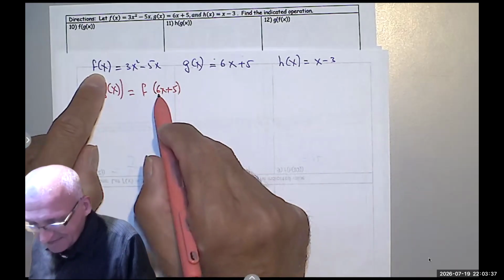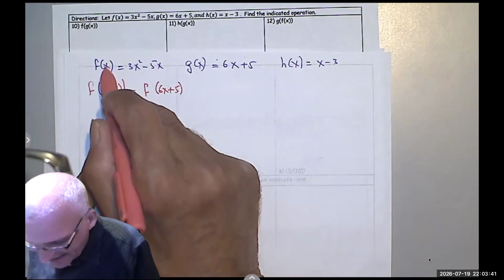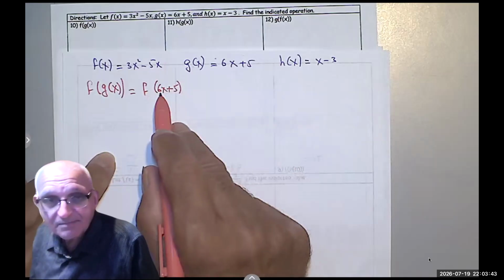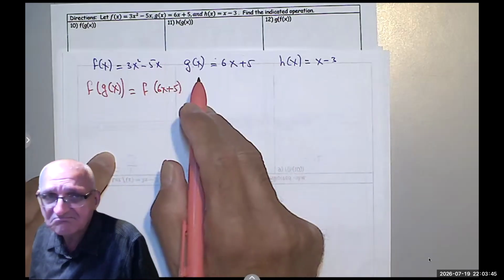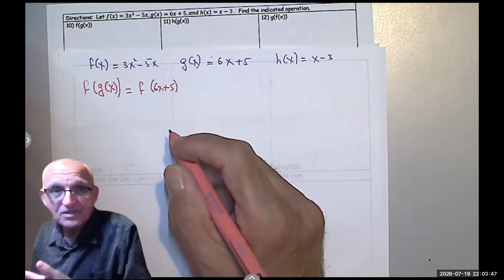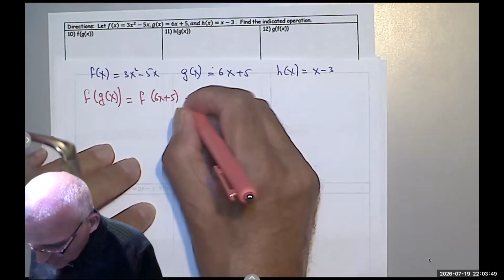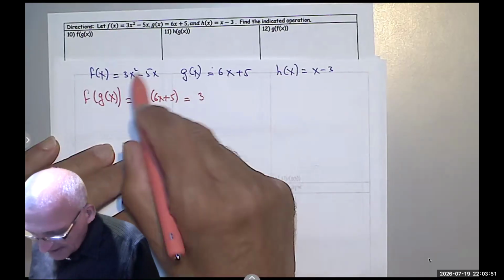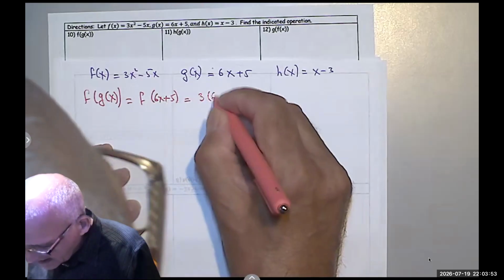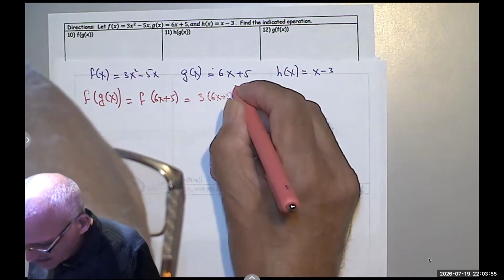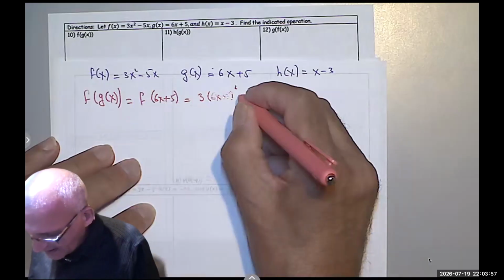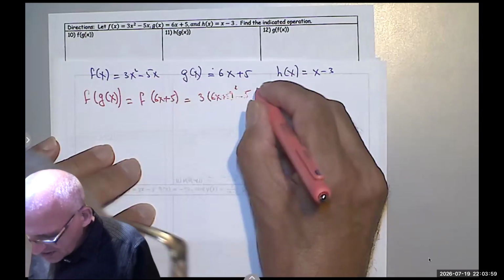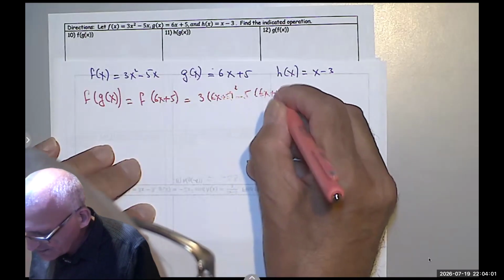Because if this is f of x, then every time you see an x here, you replace it by 6x plus 5, instead of a number like last time. So I'm going to say 3 times 6x plus 5 quantity squared minus 5 times 6x plus 5.